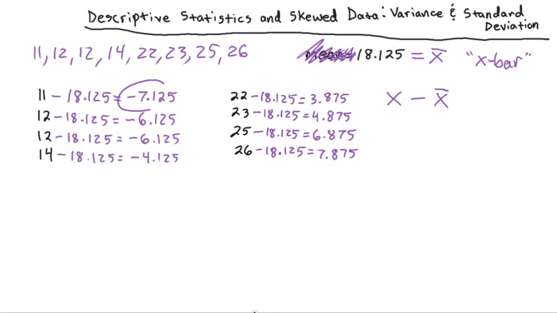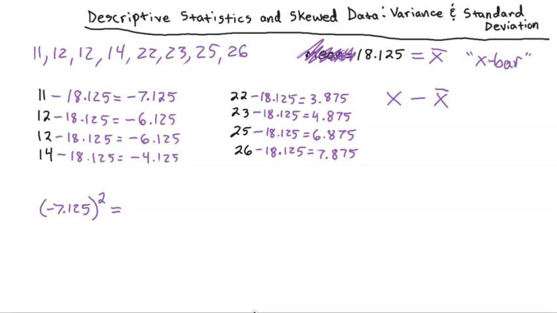So now if we take this negative 7.125, the deviation of the data point 11 from the mean, and if we don't want it to be a negative number, we can take the absolute value of it, or we can square it, or something like that. What we typically do in identifying the variance is we take this deviation from the mean and we square it.